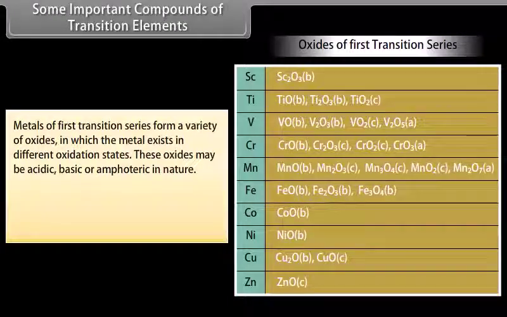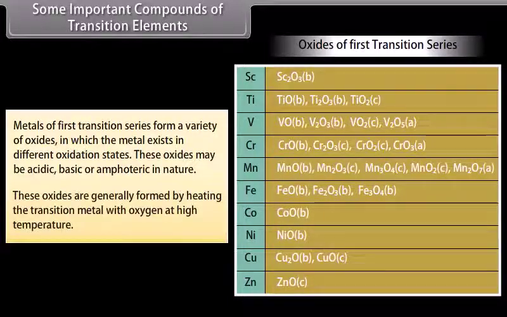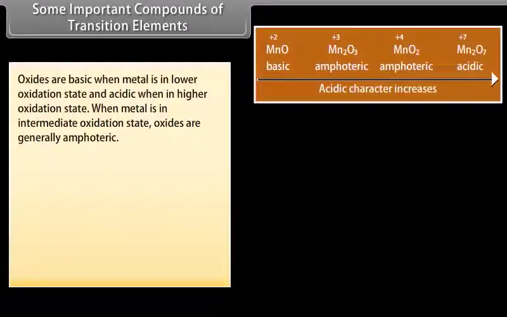A indicates acidic, B indicates basic, and C indicates amphoteric nature of the oxide. These oxides are generally formed by heating the transition metal with oxygen at high temperature. Oxides are basic when metal is in lower oxidation state and acidic when in higher oxidation state.